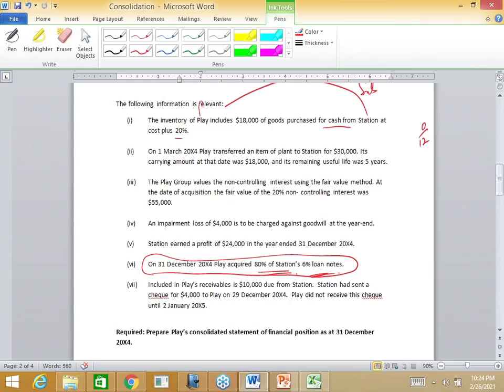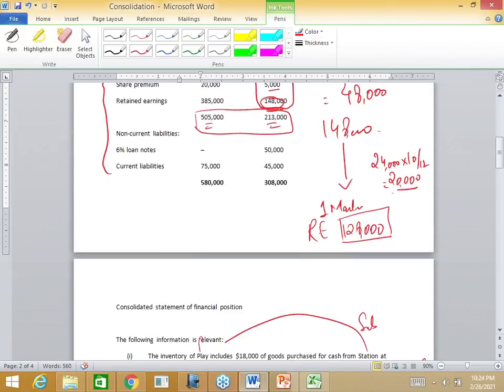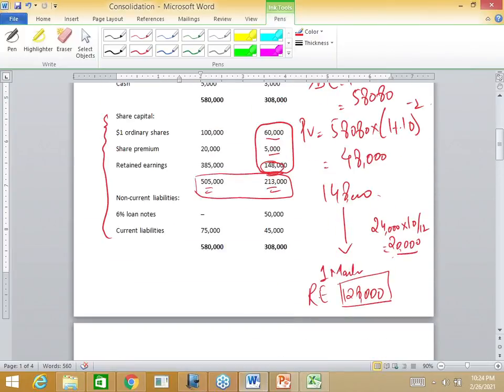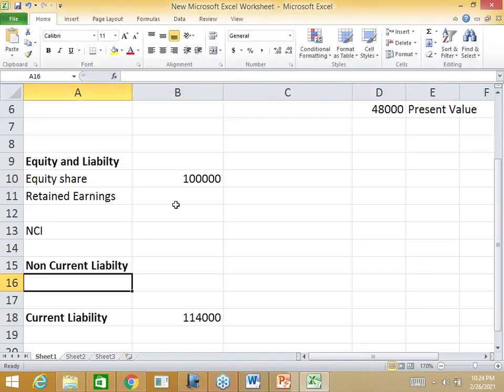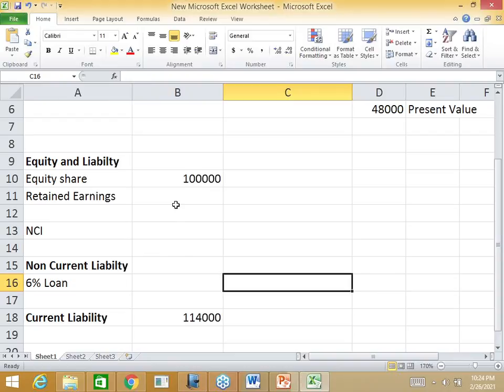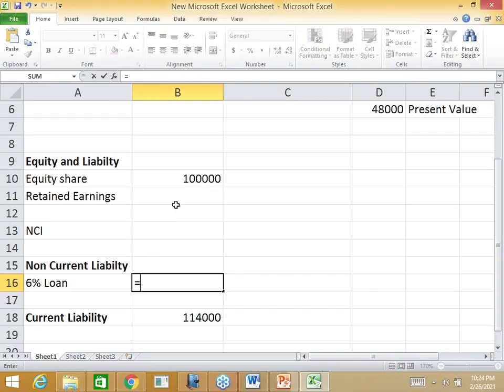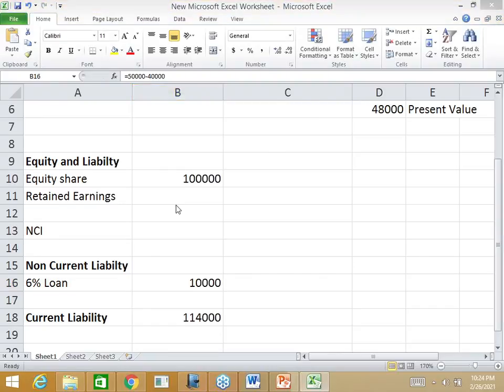So that's the whole liability. In the non-current liability, there is 6% loan notes, in which part of the loan will be an intercompany transaction, so it should be cancelled. So only 10,000 can be reported.